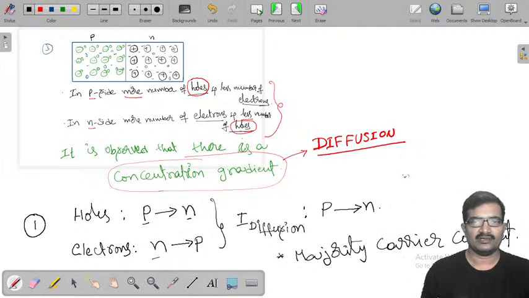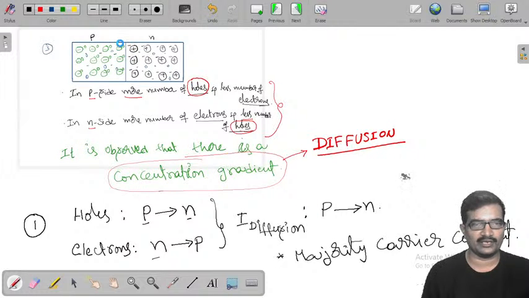Once diffusion takes place, electron and hole are going to be recombined. Now I will show that recombination here. Recombination is taking place.